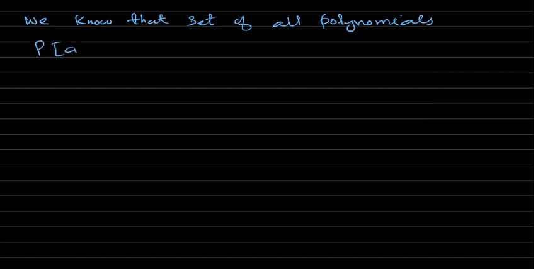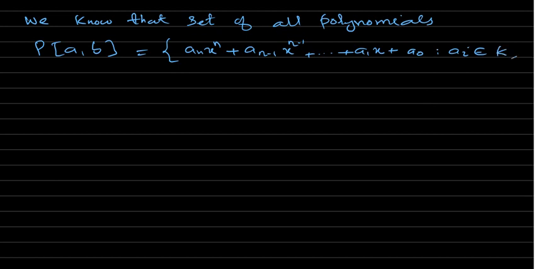So we know that the set of all polynomials P[a,b], which is this set, a n x power n plus a n minus 1 x power n minus 1 plus ... plus a1 x plus a naught, where these ai's are in the scalar field K, and x belongs to the interval [a,b].